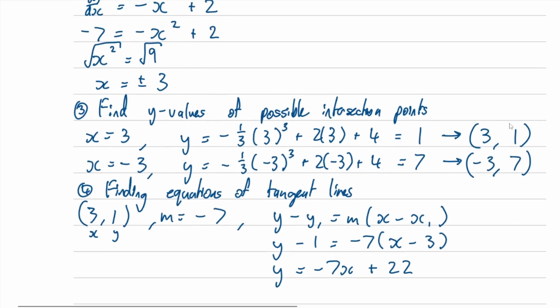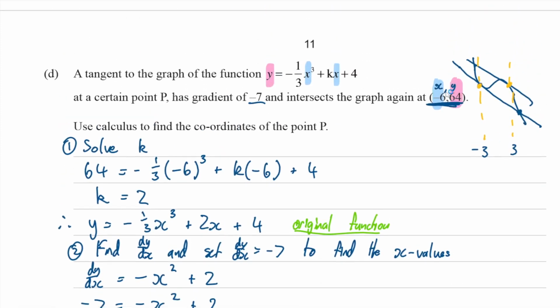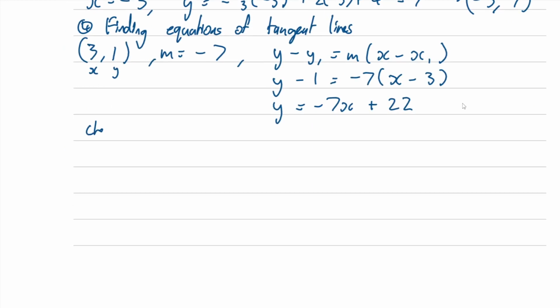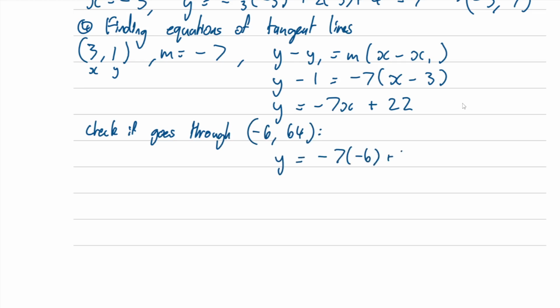Now we can check if it goes through the required point. So when x is minus 6, y should equal 64. So let's check if it goes through (-6, 64). So in for x goes minus 6.